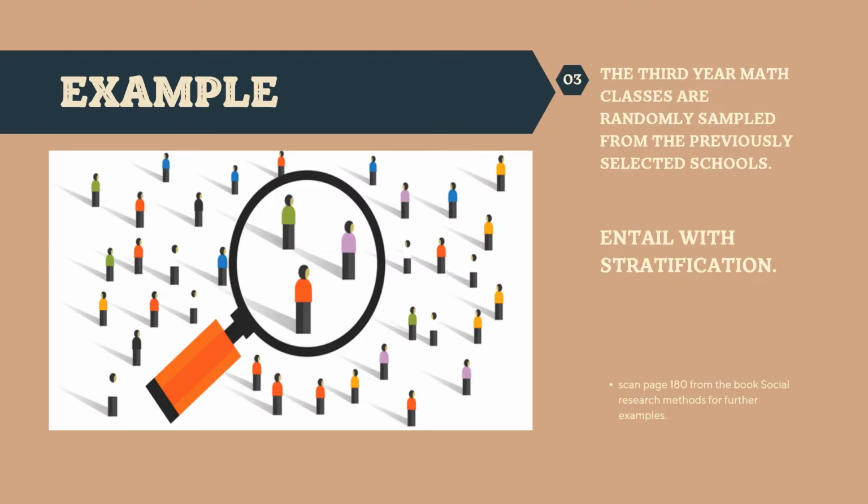Lastly, the third-year math classes are randomly sampled from the previously selected schools. Thus, stratification can be used in all of these stages since multi-stage cluster sampling entails the involvement of stratification. So you can scan page 180 of the book Social Research Methods for further examples.